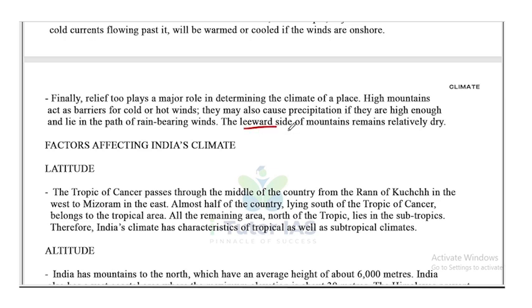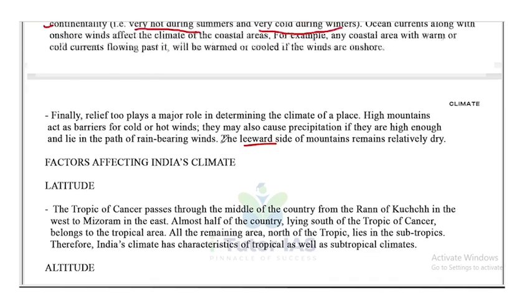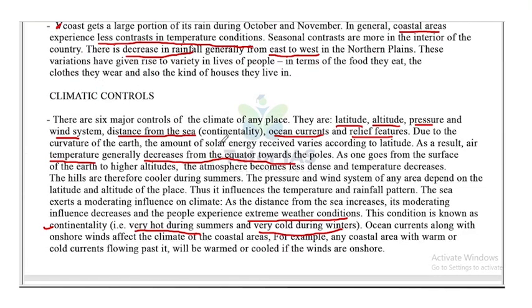So the rain shadow side always remains relatively dry. So that's about the climatic controls that affect the climate of a place. Again, first one, latitude, then altitude, pressure and wind system, distance from the sea, ocean currents and relief features.